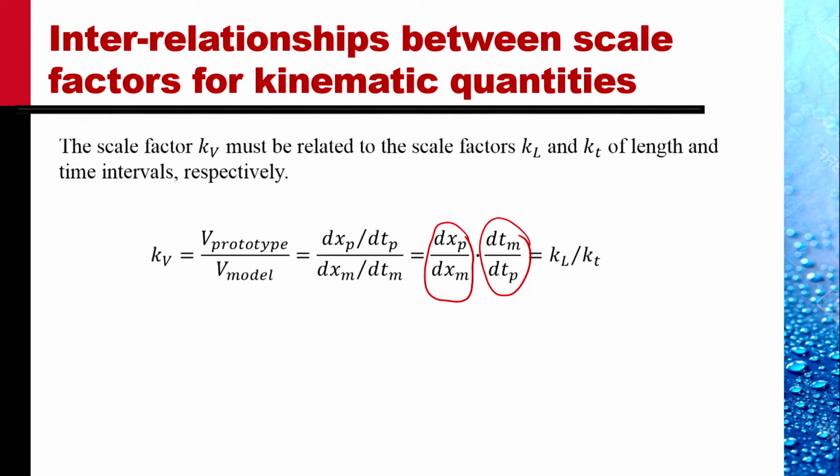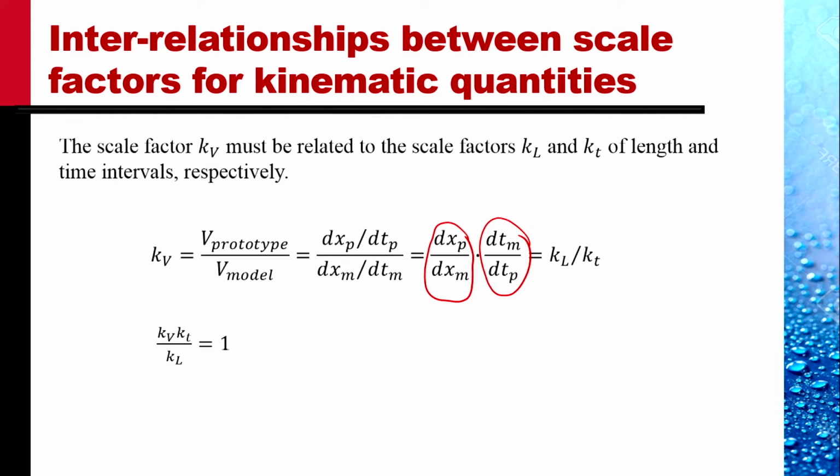Time scale factor KT is defined as Tp divided by Tm, time in the prototype divided by time in the model. So that we obtain the relation Kv is equal to KL over KT. These three scale factors are not independent of one another.